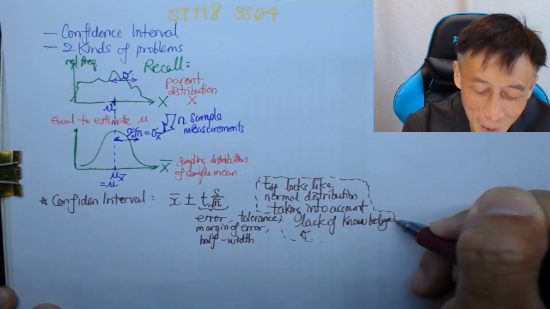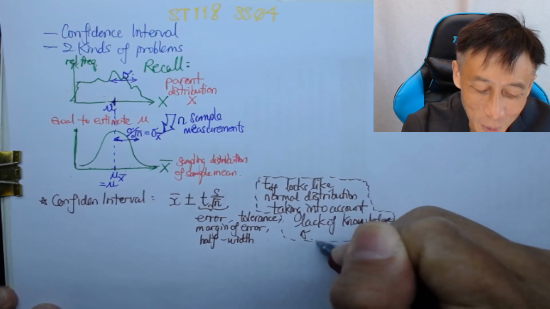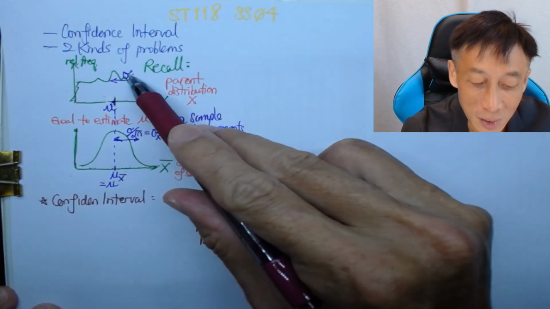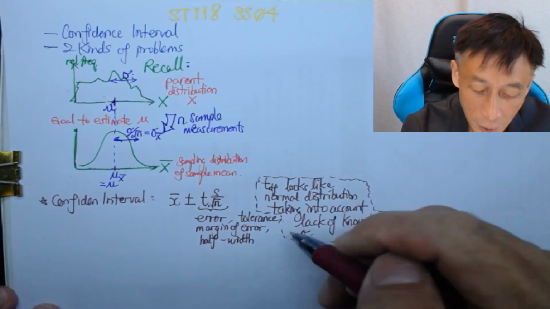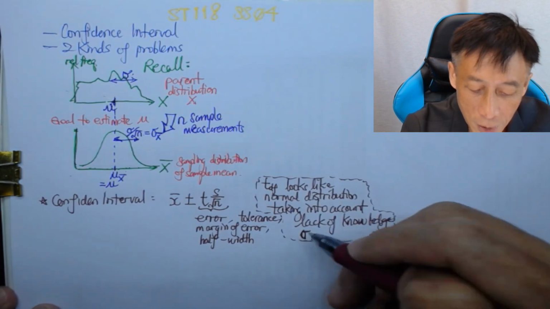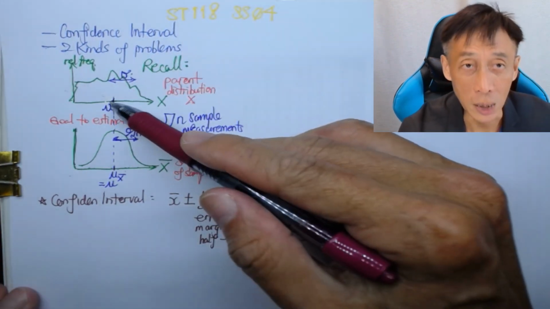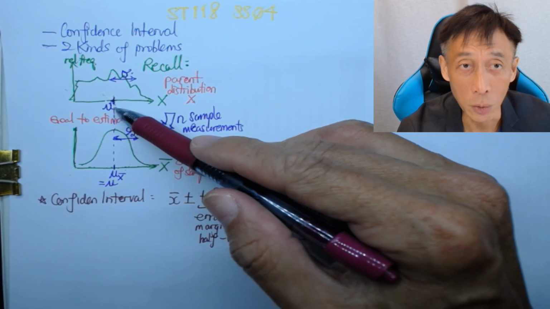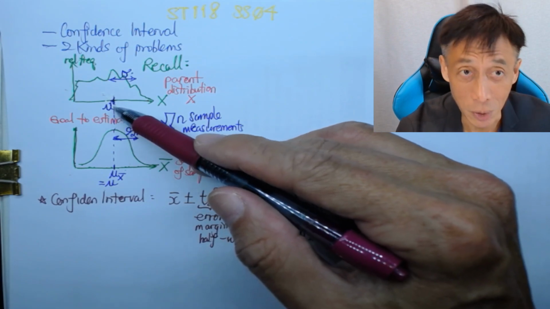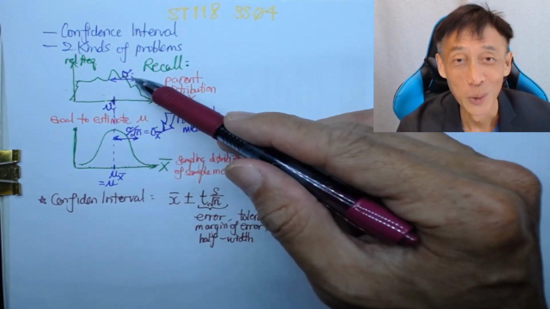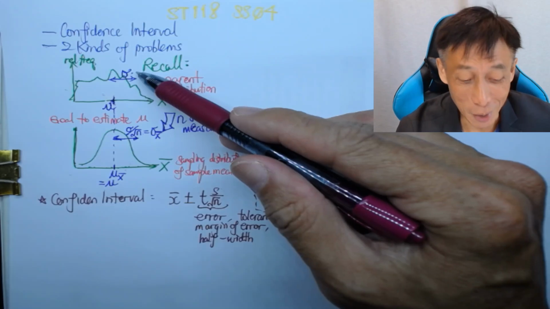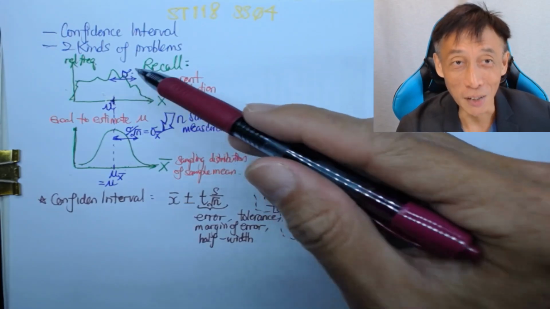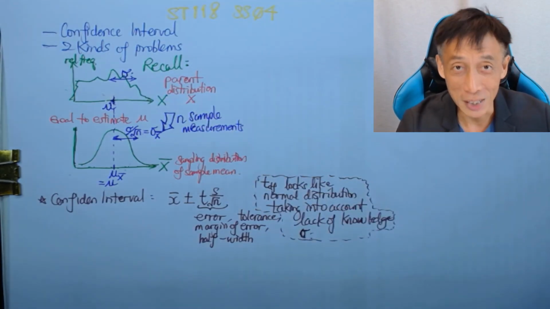So the word parent allows me to emphasize that it is about X that we are talking about, this sigma, all right, this same sigma here. And imagine this, we are trying to find mu, means we basically don't know mu, right? That's why we want to find out or estimate mu. If you don't know mu, in practice, are you going to be able to know sigma? Because sigma is defined in terms of variance, sigma square.